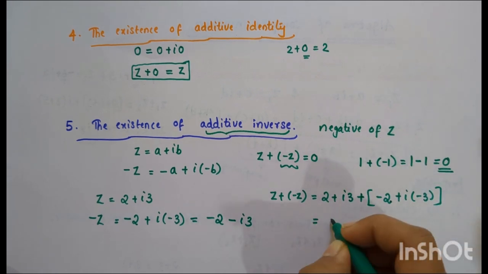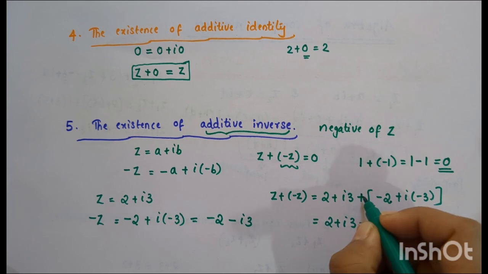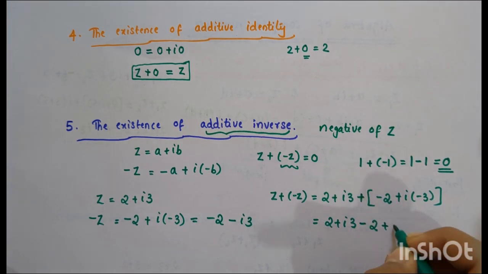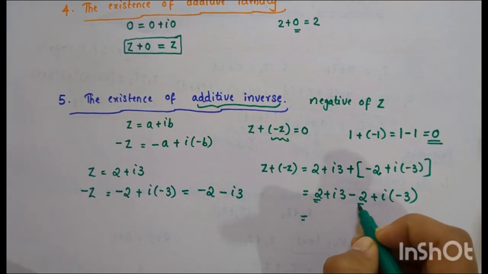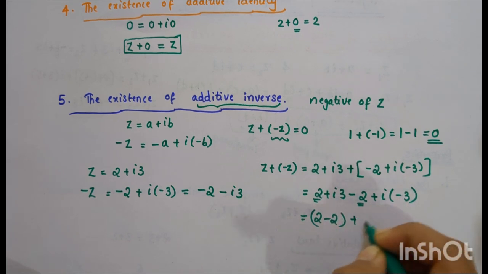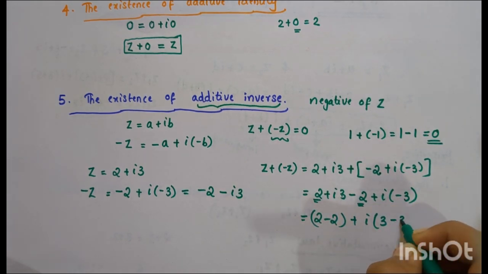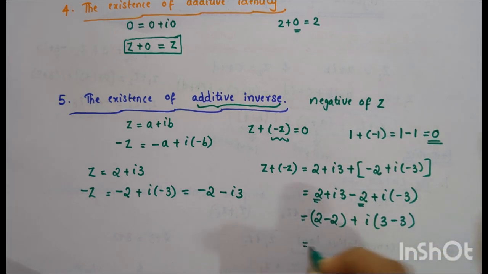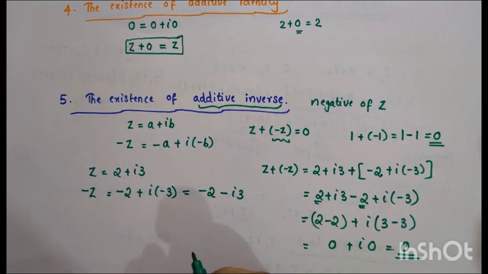This can be written as 2 plus i3 minus 2 plus i into minus 3. You can write it as 2 minus 2 together, and i is common in these two terms, so plus i into 3 minus 3. So this is equal to 0 plus i into 0, 0 plus i0, which is equal to 0.